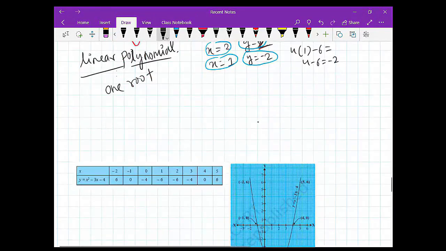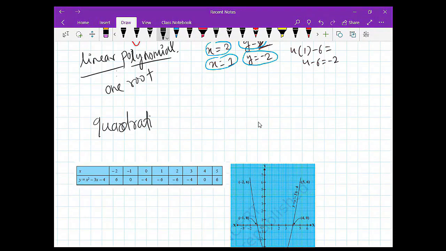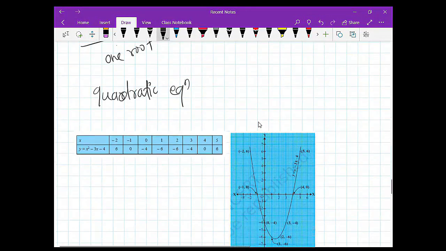Next we discuss the geometrical meaning of a quadratic equation. See, here is one equation given in your textbook, y equal to x square minus 3x minus 4.